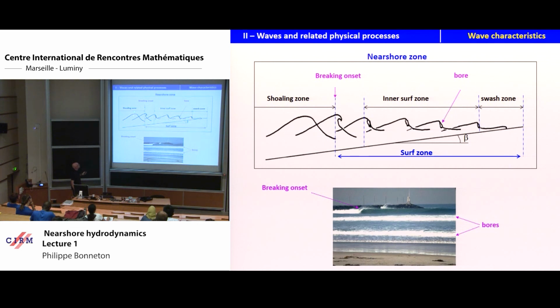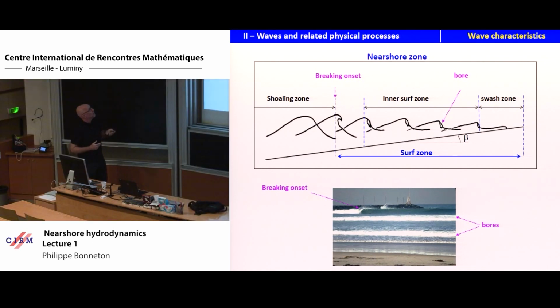First, the shoaling zone, where due to the conservation of energy flux there is no breaking, and the wave amplitude increases as the water depth decreases, until the onset of wave breaking. After that it is the surf zone.